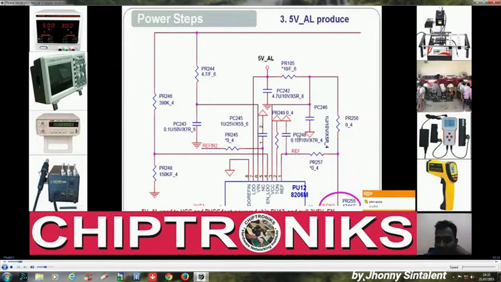In today's class, we are taking reference of Lenovo Y570 and the DB2000. So in Lenovo Y570, the 3.3/5 volt regulator IC is RT8206M. That is the IC number.